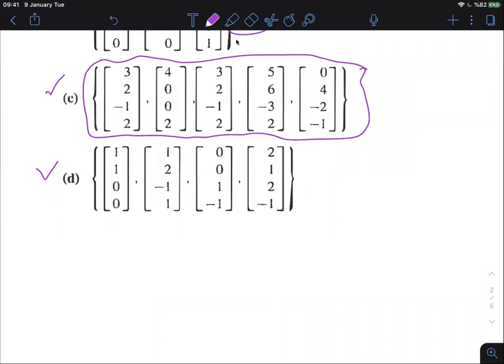Let's call these V1, V2, V3, V4. If there are less than 4 linearly independent vectors, then this cannot span R4. So what you do is you write this.